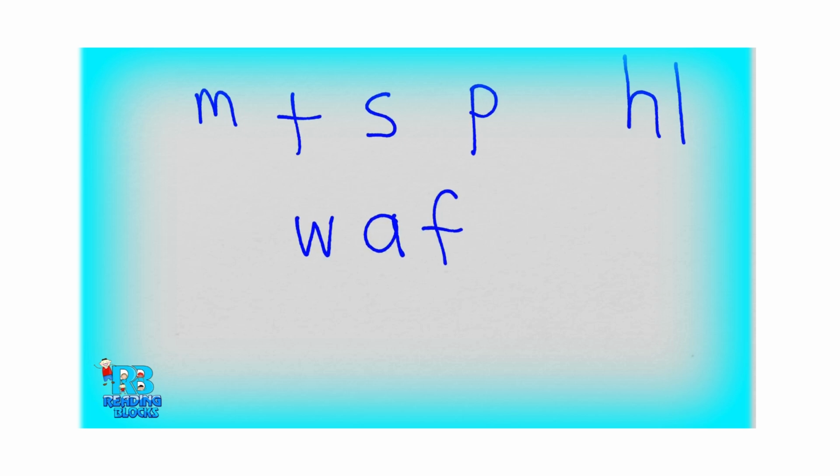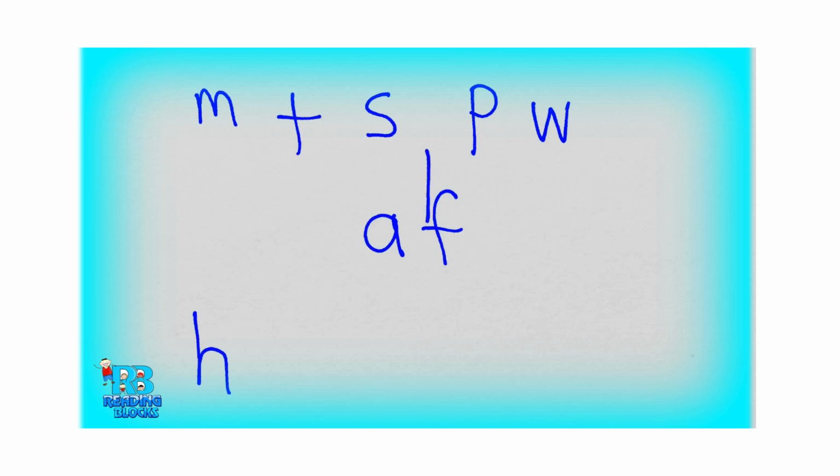And let's take away our w and bring down our h. And we have h-af, half. Now let's take our h, move that out of the way, bring down our l. And we have l, af, laugh.